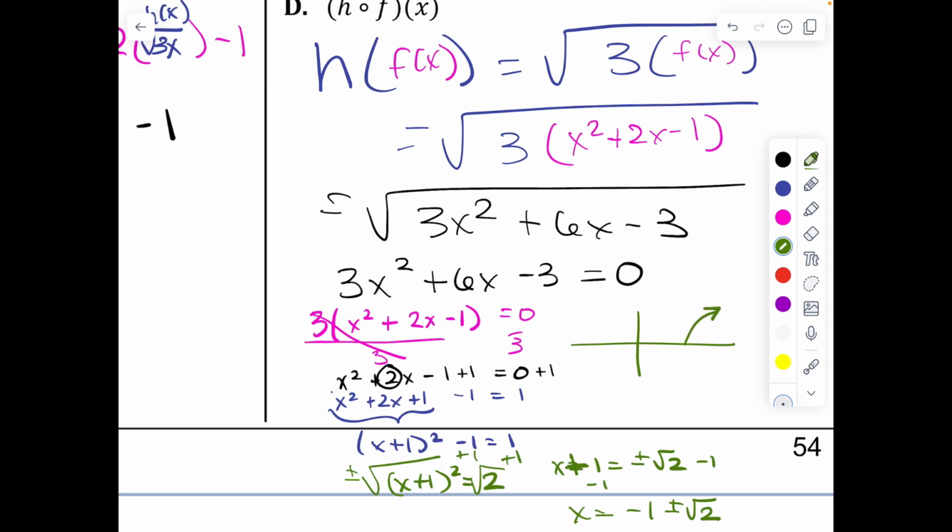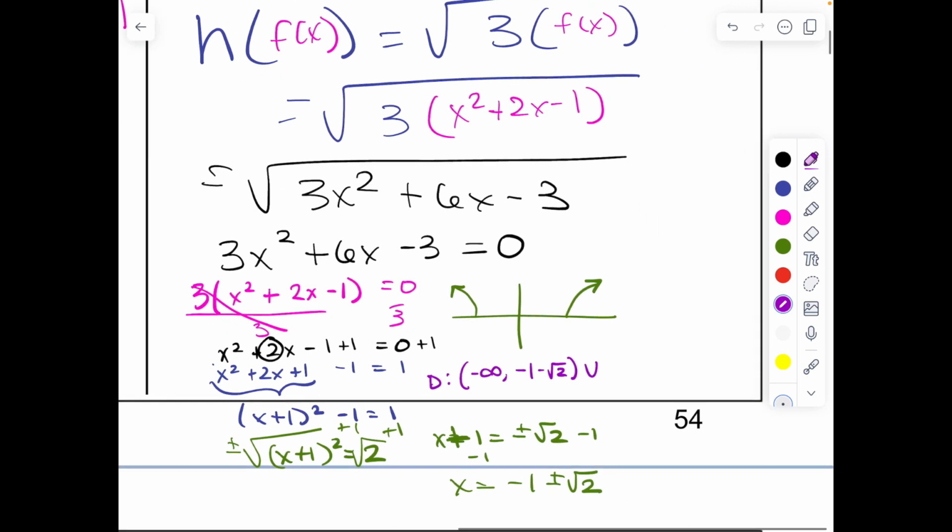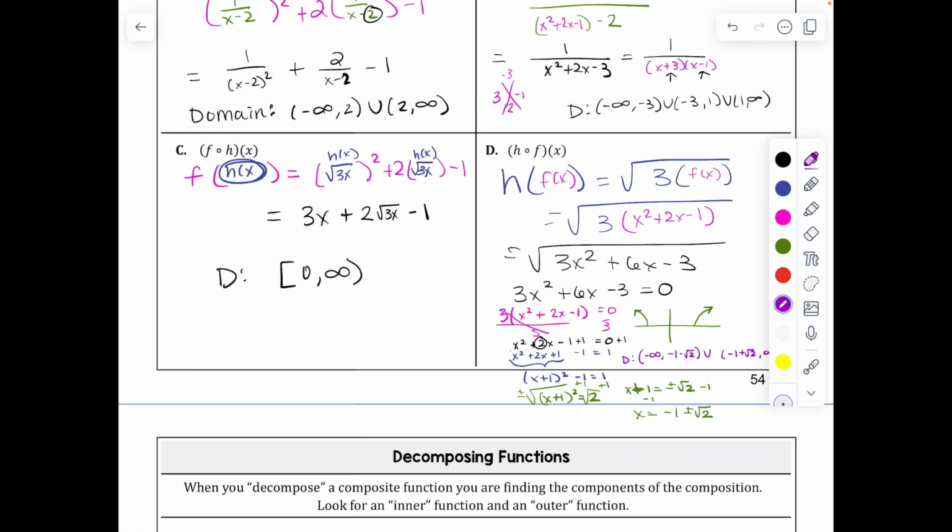So it looks something like this when I graph it. So I'm going to say my domain is from negative infinity to negative 1 minus the root of 2, and from negative 1 plus the root of 2 to positive infinity.